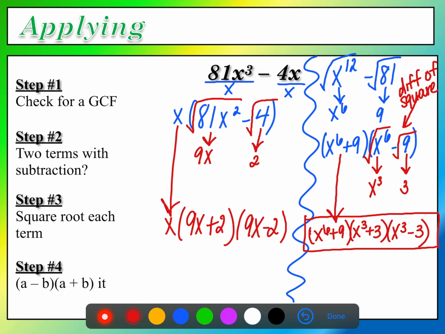You don't want to keep dividing like the original problem. We took the square root once and we got x to the 6th and 9. You don't want to take the square root again until you've put it into the formula. So it's always square root, formula, and that's only if it works the next time around.